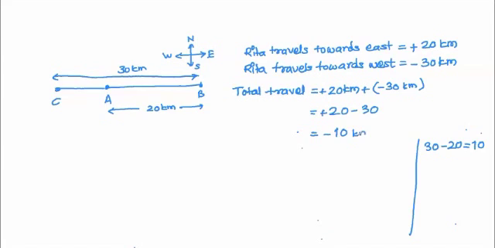So she is at minus 10 kilometers from point A. So the distance is minus 10 kilometers. Why are we representing it with minus? Because she is towards the west of point A. Therefore, the final answer is Rita's final position is minus 10 kilometers from point A.